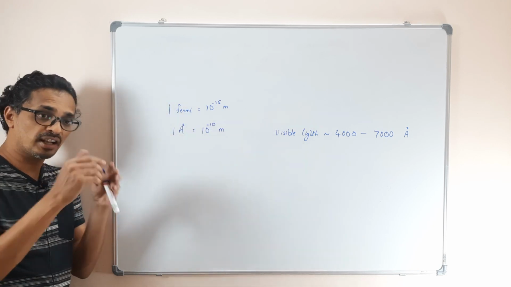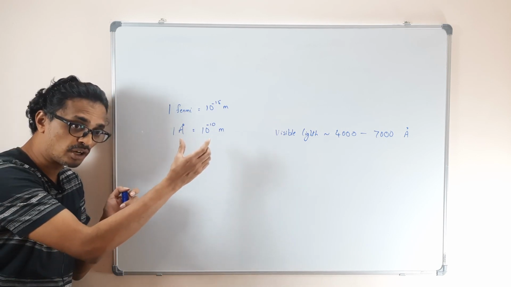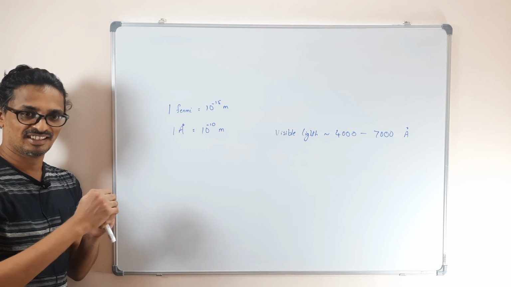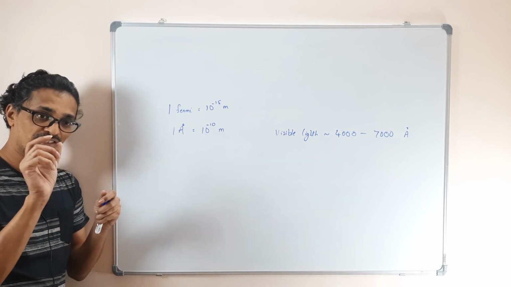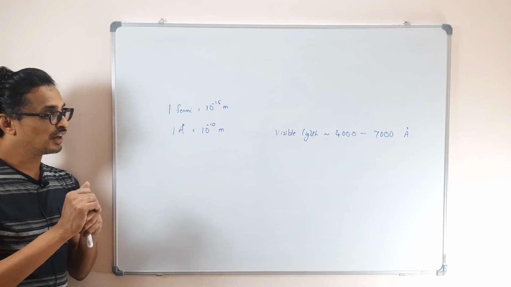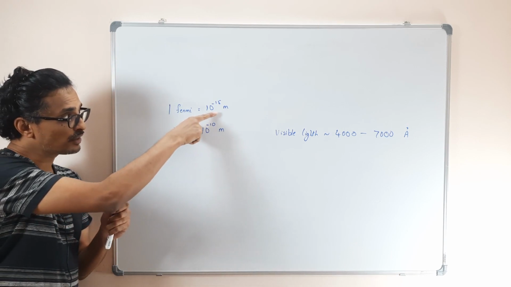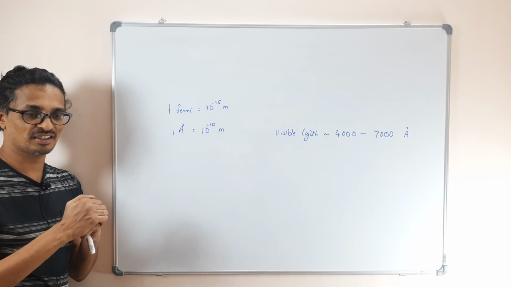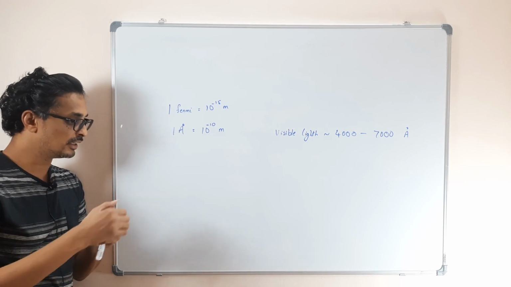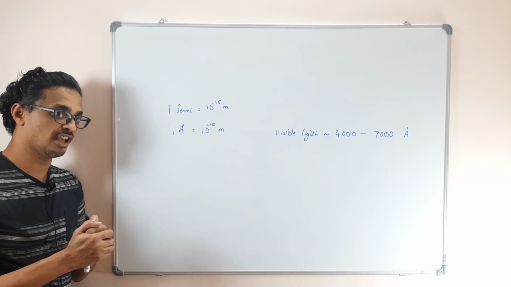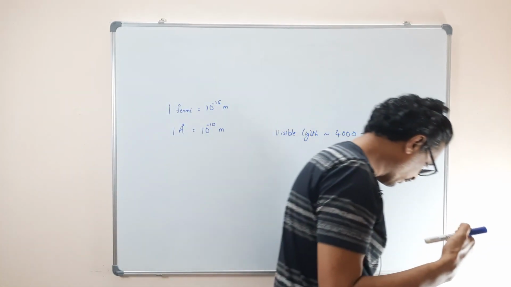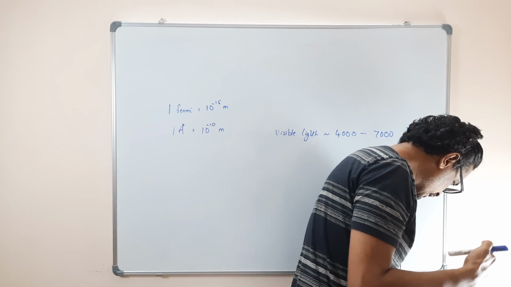As you go smaller and smaller, you need a much smaller wavelength. Then it goes into X-rays, then gamma rays. They all have a smaller wavelength. Now when you want to go to 10 to the power of minus 15 meter, that is very, very small. In the next class, 12th, you will study that there is a wave associated with particles like the electron.